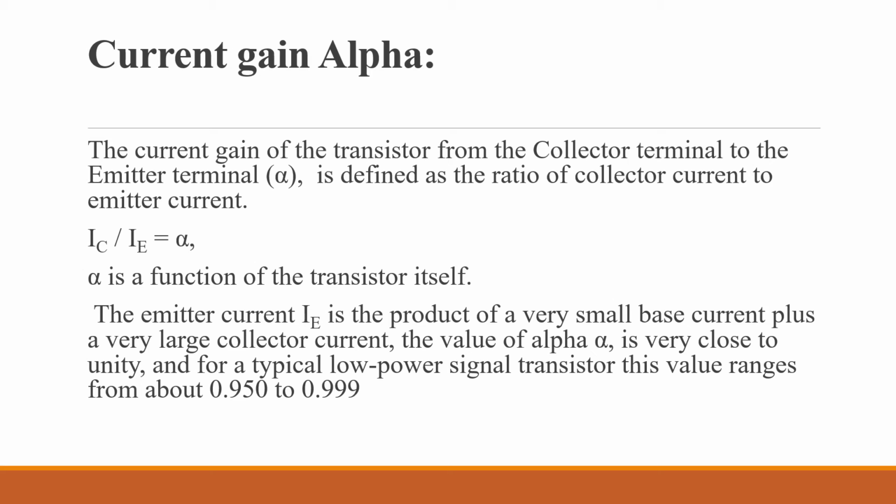And the emitter current IE is the sum of a very small base current plus a very large collector current. The value of alpha is very close to unity, and for typical low power signal transistors, this value ranges from about 0.95 to 0.99.